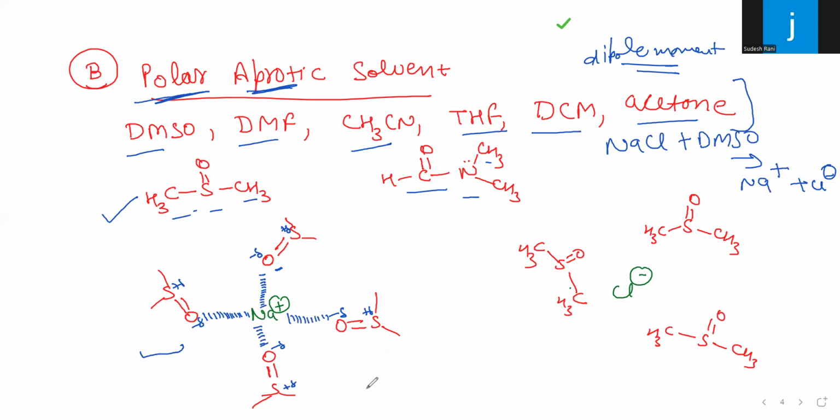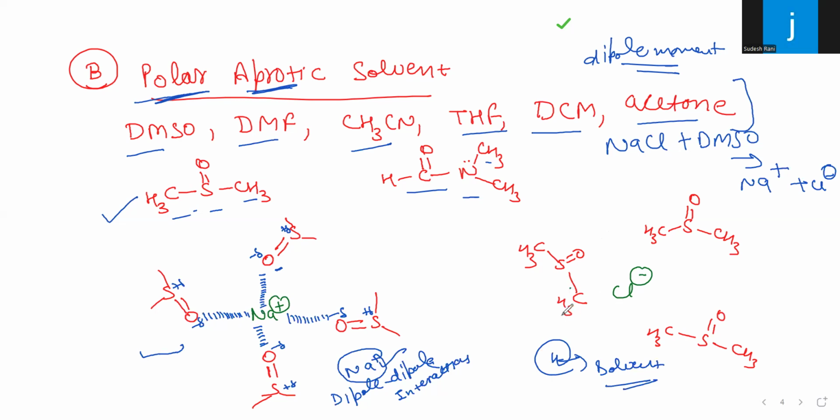So in this case, DMSO also stabilizes the sodium cation by dipole interactions. See here, the chloride ion. There is no hydrogen atom in the solvent.